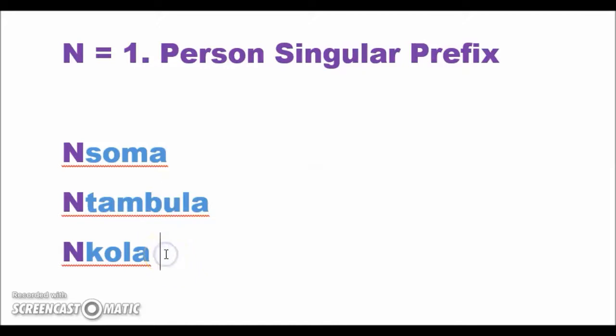Very easy. We'll learn some exceptions later, but for now that's all you need to know. I is N. So if you have watched our other videos, you have actually encountered quite a few of these. Let's take a look.